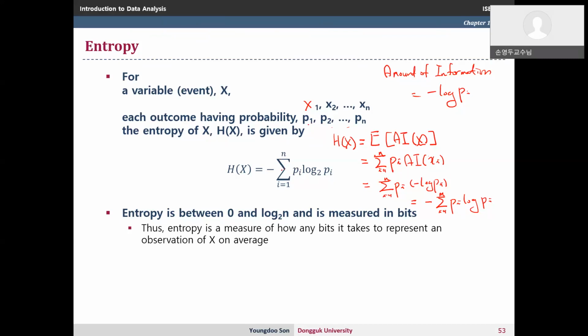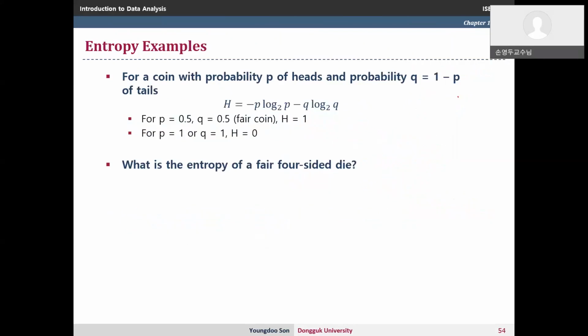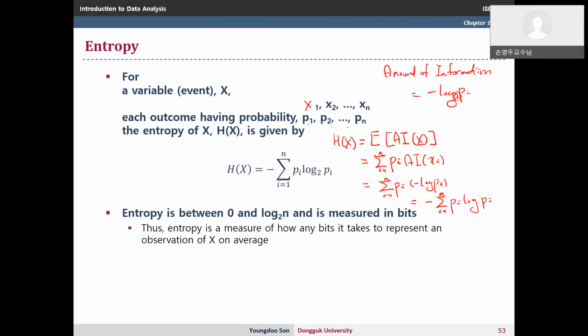And I want to explain one more thing: the base of this log in the amount of information. I intentionally omitted the base of this log. In computer science, traditionally we use the base of log as 2. If we use 2 here, then the unit of this amount of information becomes a bit.